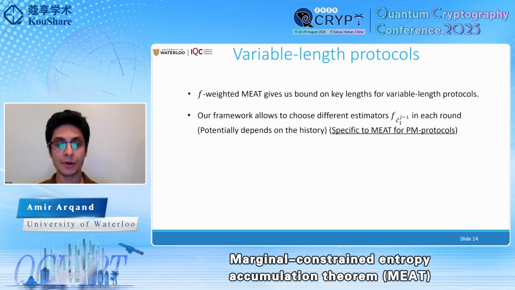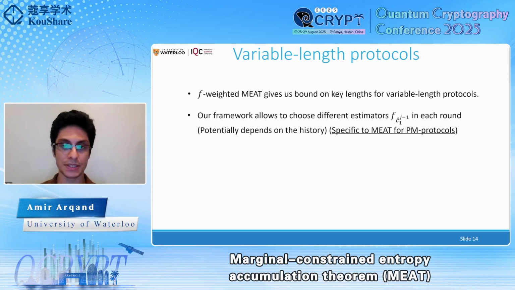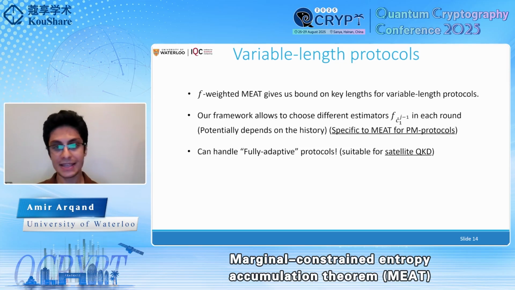And in fact, the framework is even stronger than that. It allows us to choose different estimators in each round based on the history of announcements, which is something specific to meet if you want to use it for prepare and measure protocols. And this degree of freedom allows us to analyze fully adaptive protocols, which makes it most suitable for analyzing, for example, satellite QKD.